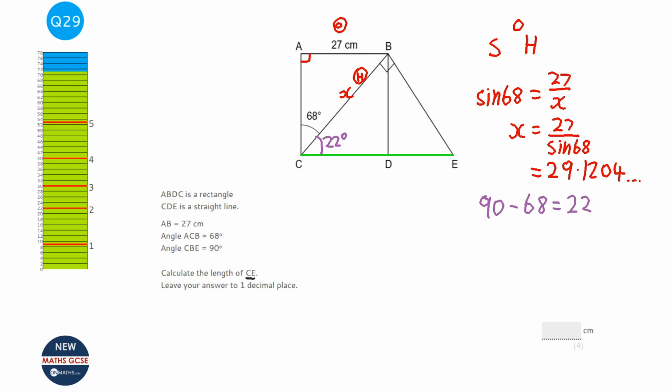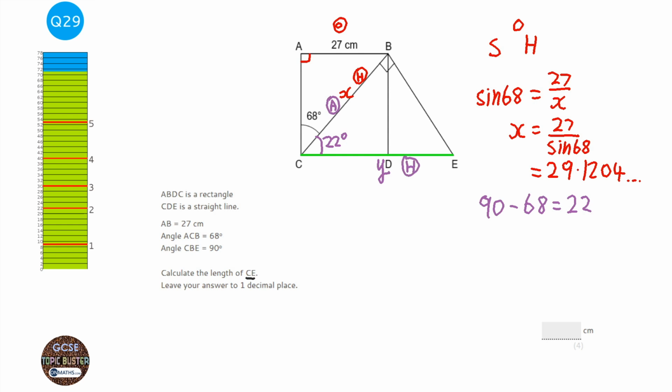Now I'm looking for this one, so CE, I'm going to call CE Y, and what have I got? I've got the adjacent here, so this is now the adjacent, and I've got the hypotenuse because this is opposite the right angle.